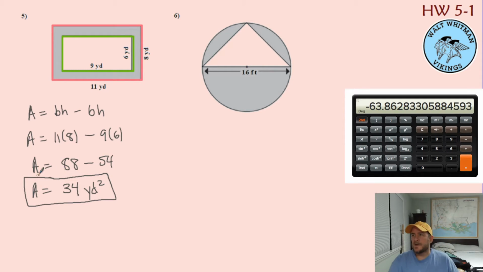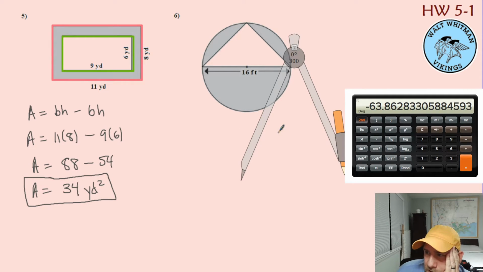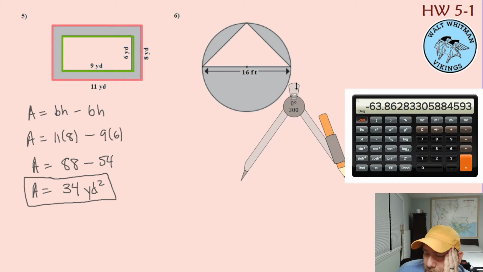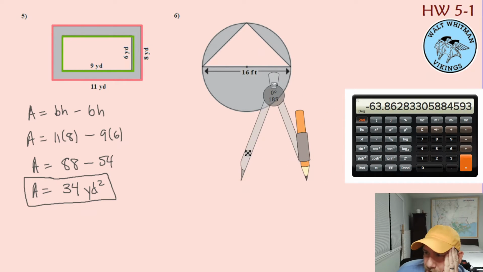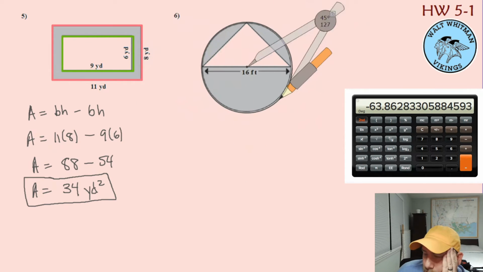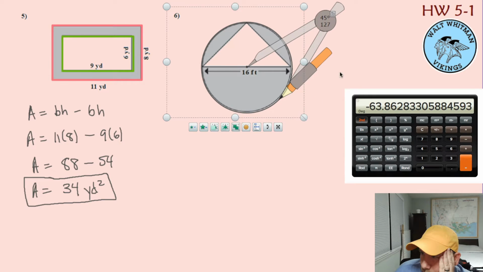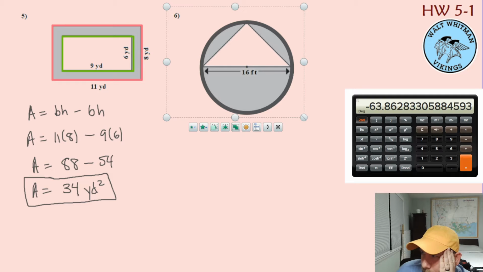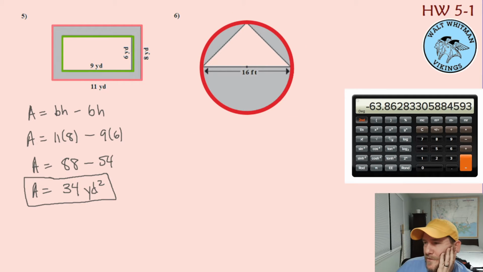All right. So this next one, it's another one where I would subtract. You can pretty clearly see that we're going to be working with the big circle on the outside. That circle right there is what I'm talking about, of course.